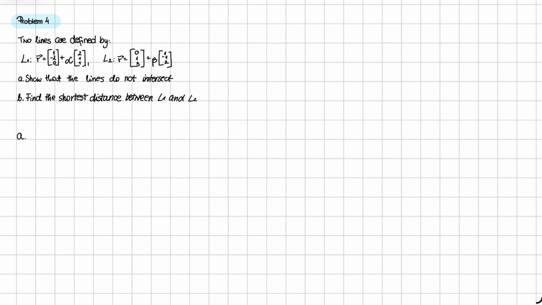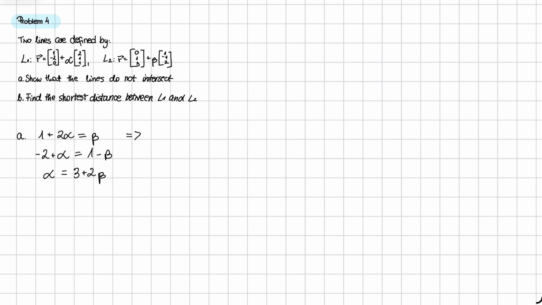So the first coordinate from L1 is 1 plus 2 alpha equals the first coordinate from L2, which is 0 plus 1 beta, so just beta. Then we have our y coordinate: minus 2 plus alpha equals 1 plus minus 1 times beta, so minus beta. And the last coordinate is 0 plus 1 alpha, so just alpha equals 3 plus 2 beta.